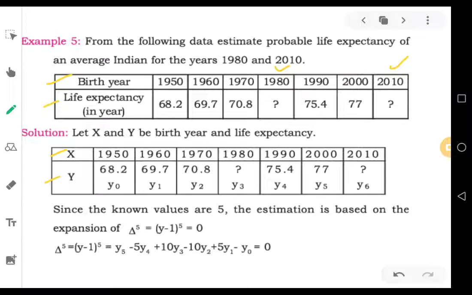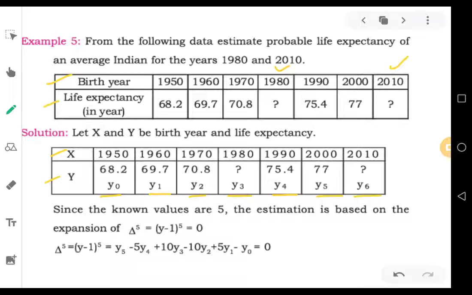For x, all the years are present; in y, two data points are missing. After taking it as x and y, let us assign the values starting from y0, y1, y2, y3, y4, y5 and y6.